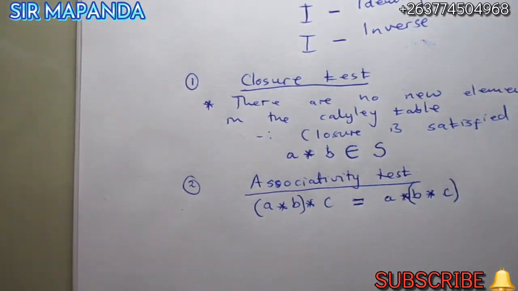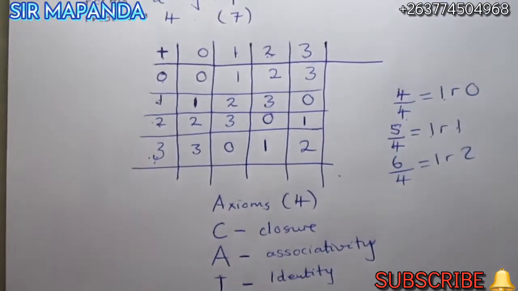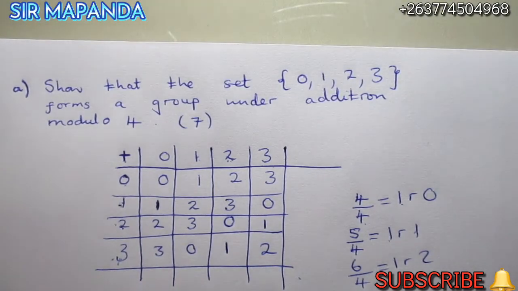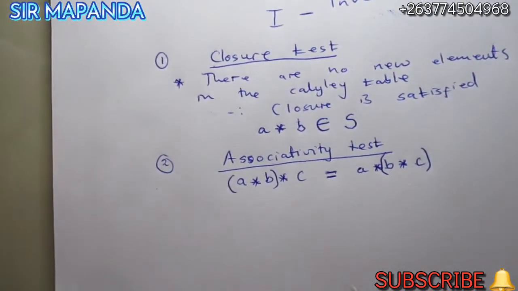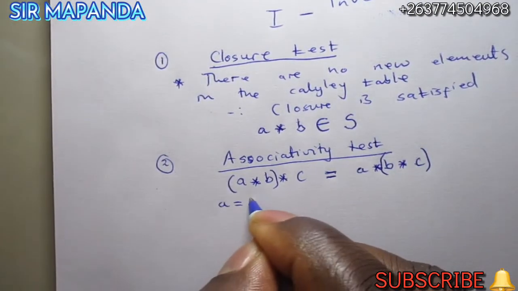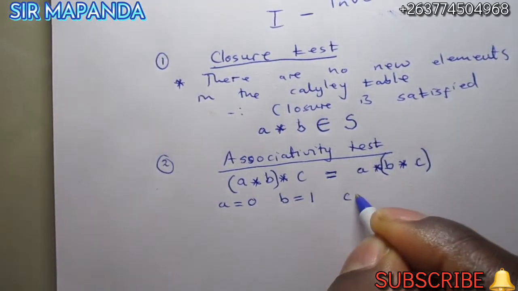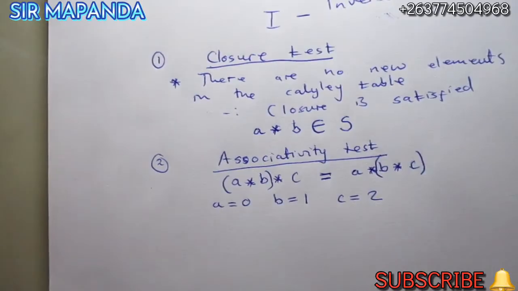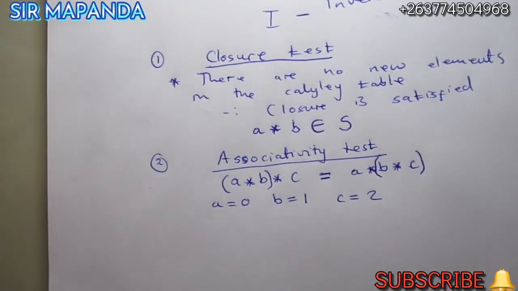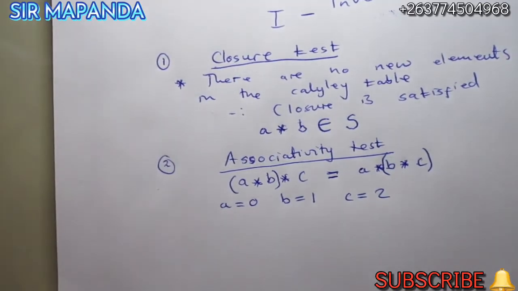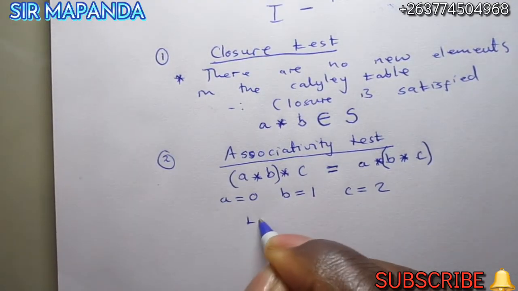Right. So we would like to choose any 3 elements of our choice from the given set. So the numbers in the given set are 0, 1, 2, and 3. So we can say, let A be 0, let B be 1, let C be 2. I have chosen the first 3 elements inside the given set. Right. So we would like to work out the left-hand side.